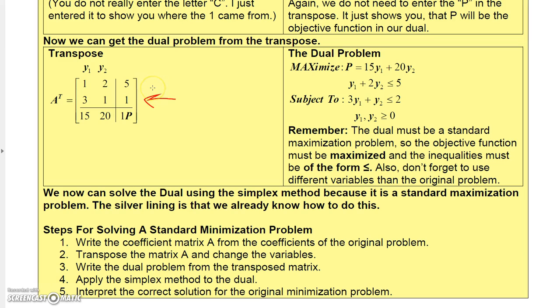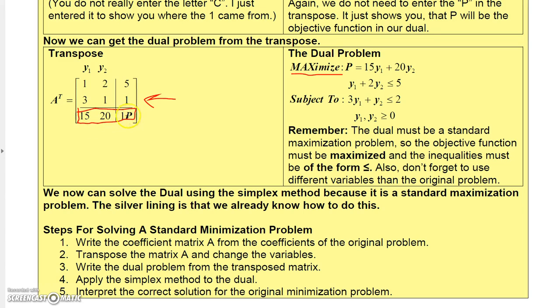Okay, now let's talk about what a dual problem is. By definition, a dual problem is a standard maximization problem. When I say standard maximization, I mean we're going to maximize with less than or equal to constraints. So I'm going to take this transpose, and from the bottom row I'm going to get the objective function that I'm going to maximize.